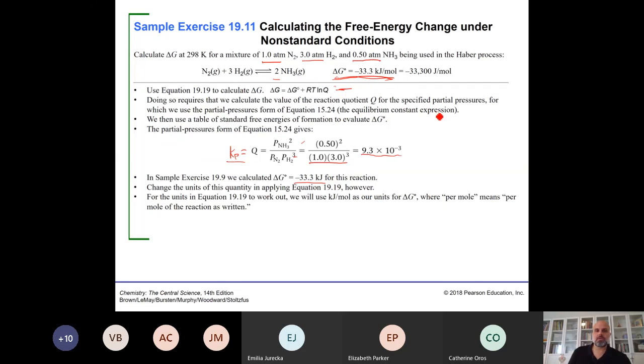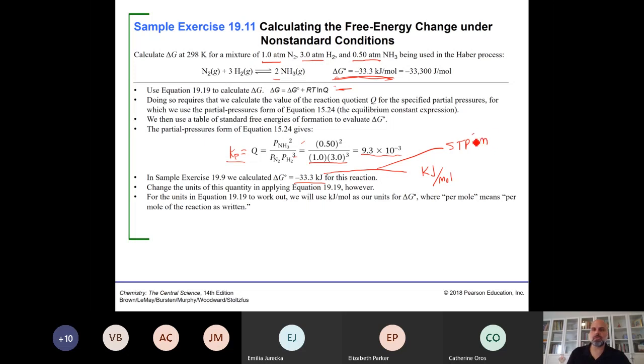And we're going to use kilojoules per mole as our units for delta G, because we calculated this as a number of kilojoules, but we're converting this into kilojoules per mole because when we ran this calculation, this was for standard conditions: standard temperature, pressure, and concentration, which is the 1 molar concentration.